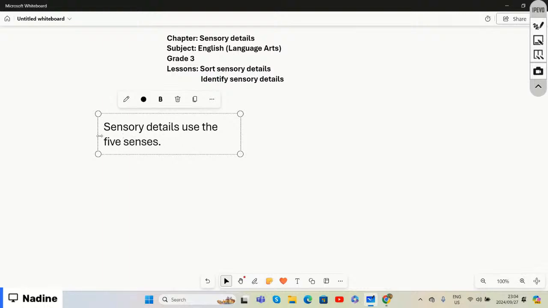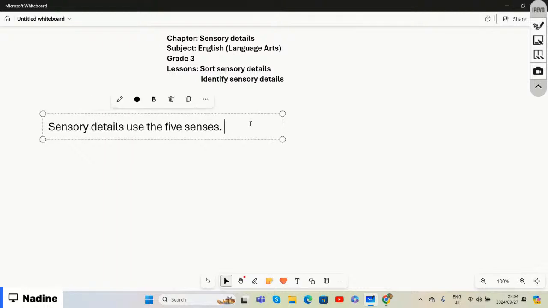And our five senses are touch, where you can feel, then sound, where you can hear, taste, smell with our nose, and also sight, what you can see. That is our five senses.